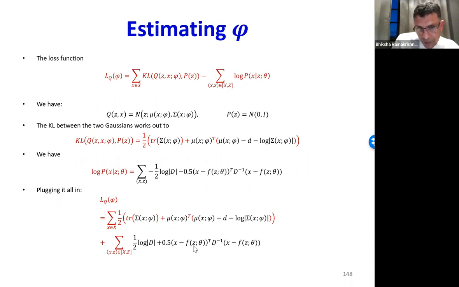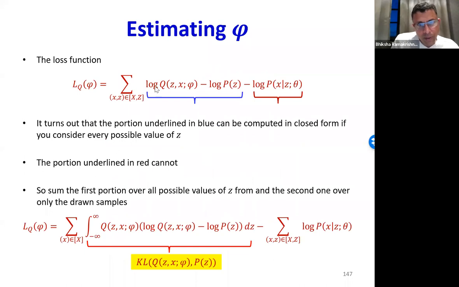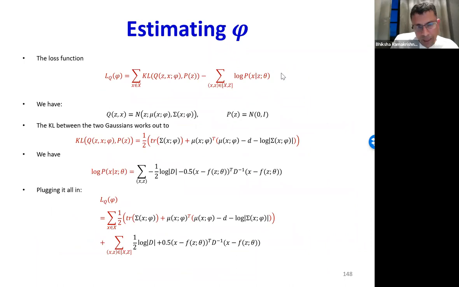But also a function of Z. And so I can plug both these terms in and I get a loss function that has two components to it. The first is the KL divergence between the posterior probability Gaussian and the standard Gaussian. And the second is the negative log likelihood of the X given the sample Z.